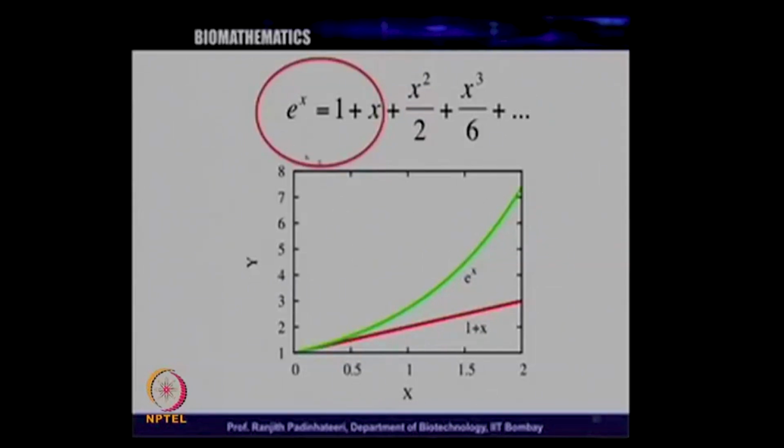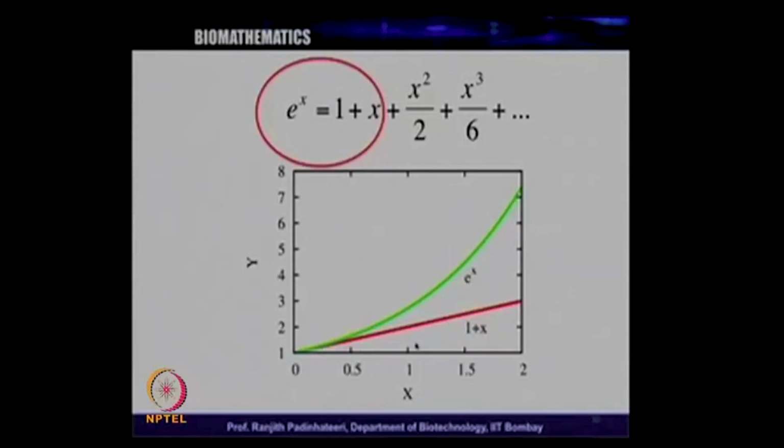As you can see, very close to 0 they have the same values. The red and green meet close to 0, but as they go away from 0, they diverge.